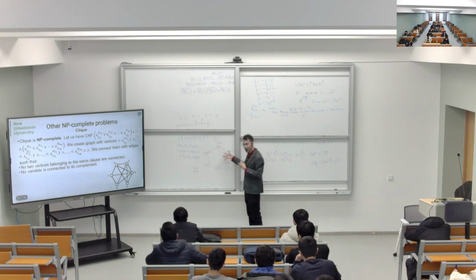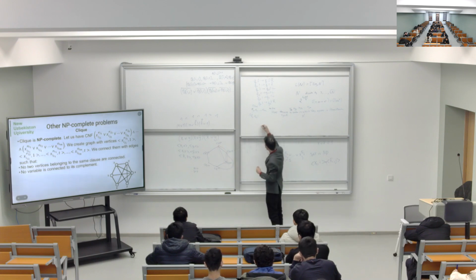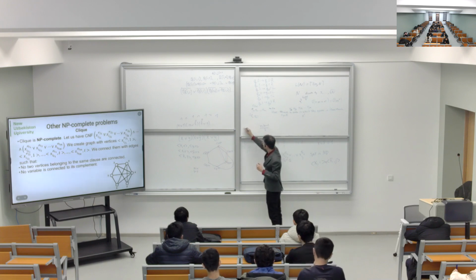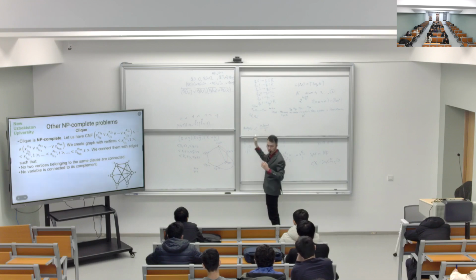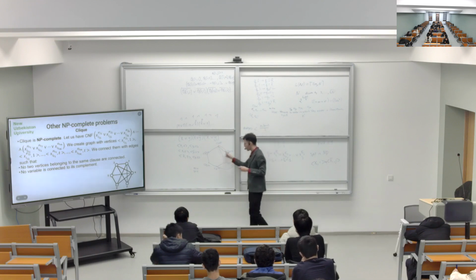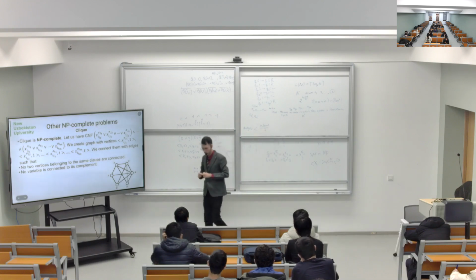So it is not a complete graph. So it has fewer edges than a complete graph. But how many edges does a complete graph have? So if we have n vertices, we multiply it by n minus 1 and divide by 2. So the number of edges is strictly less, because there are some non-connecting for sure.